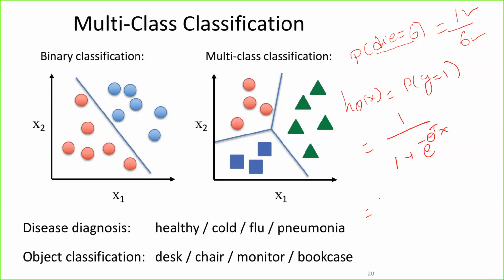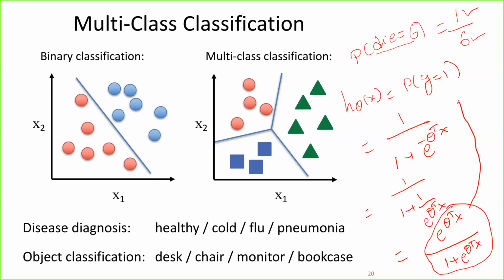Okay. So now, what is this, 1 by 1 plus 1 by e to the power theta transpose x? This can be written as e to the power theta transpose x divided by 1 plus e to the power theta transpose x. Can I write it this way? Yes, sir. Probability of y equivalent to 1 is e to the power theta transpose x divided by 1 plus e to the power theta transpose x.